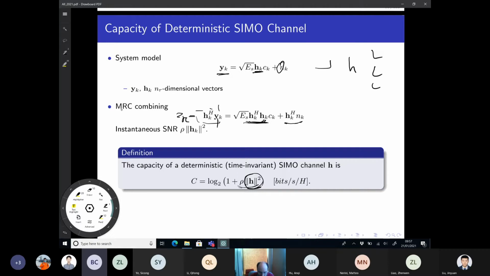So after MRC combining you have an effective SISO channel, and if you use Gaussian inputs, you end up with an effective rate equal to this, and this is the capacity of these channels when you have SIMO, multiple receive antennas.